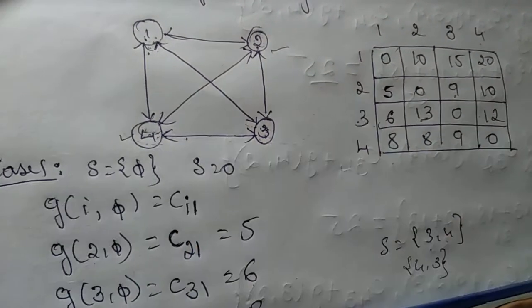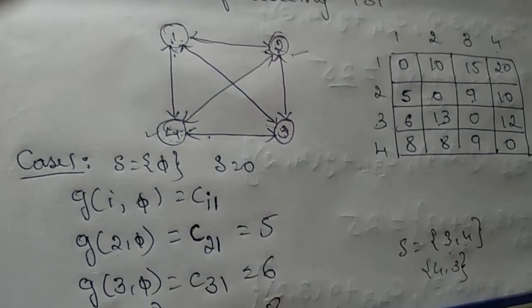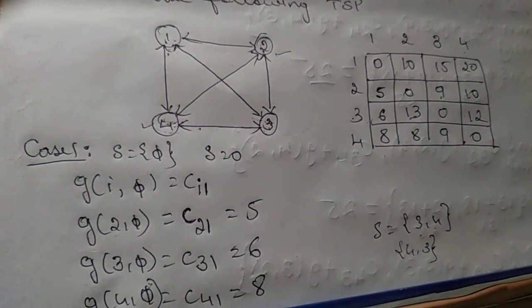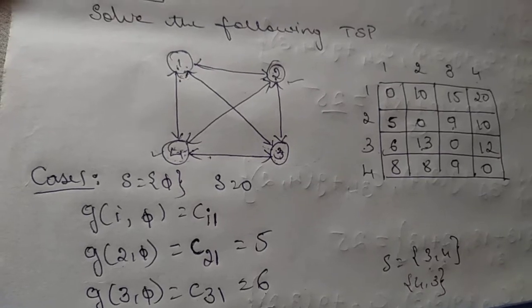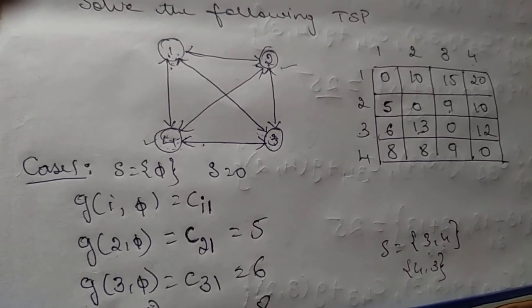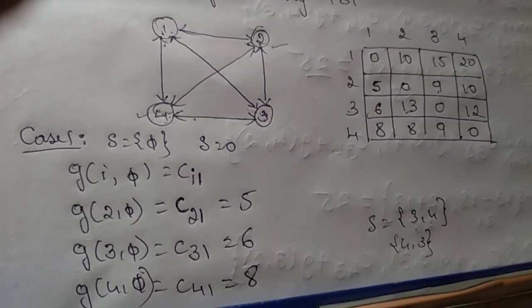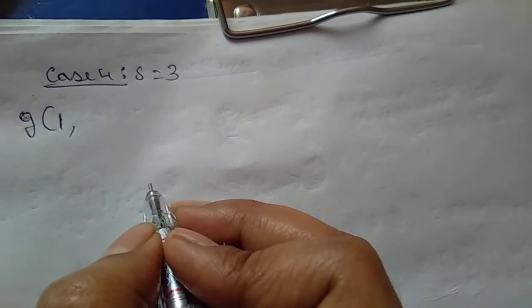In this last case you have to consider 1 because you have to go back to 1. Till the last case you should not consider the source vertex. In the last case only we are going to consider the source vertex. See G1. Now i value is equal to 1. From 1 you can go either to 2 or 3 or 4.